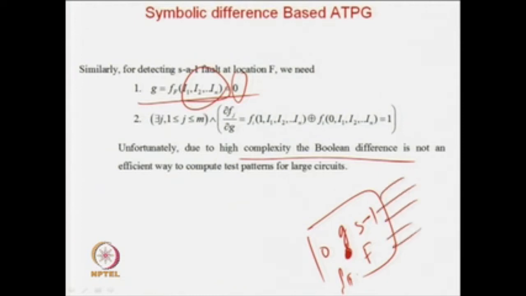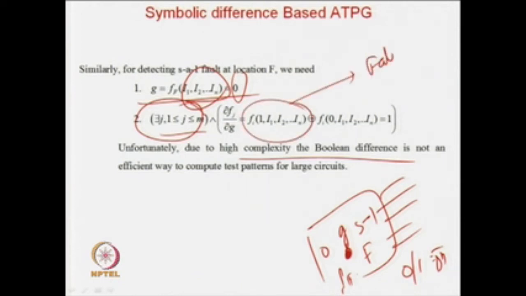Now, what is the next case? There should be at least one output j between I and m that is sensitive to this effect. For the stuck-at-1 you apply a 0: normal case 0, fault case 1. Stuck-at-1 we are applying a 0, which is nothing but D prime. So, this D prime effect should be available at least at some output f j. And how do you represent this? This represents the fault, and this represents normal, and this value should be different at the output.